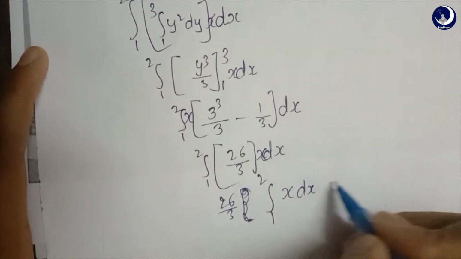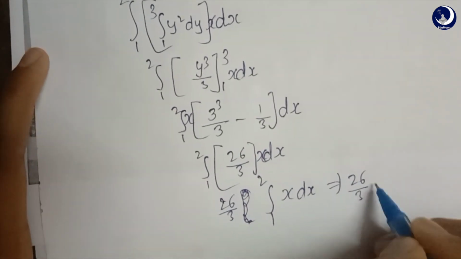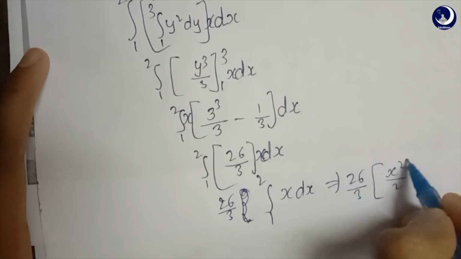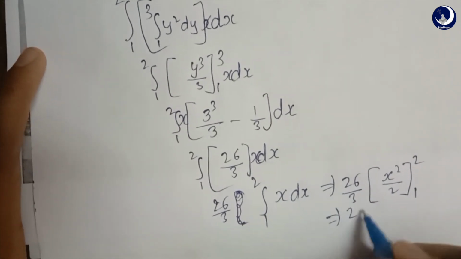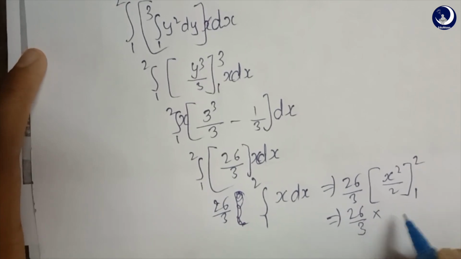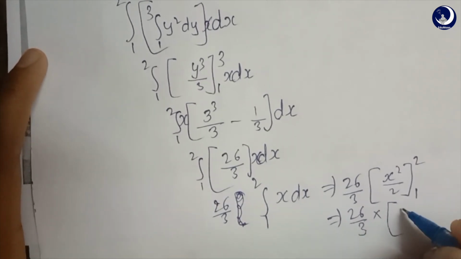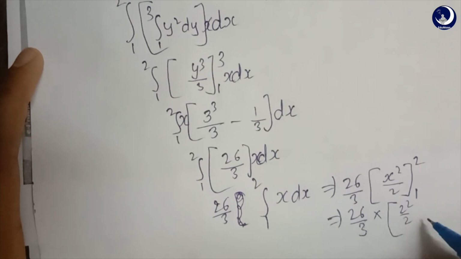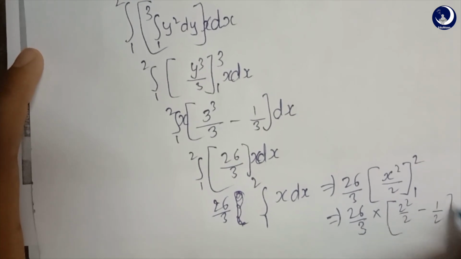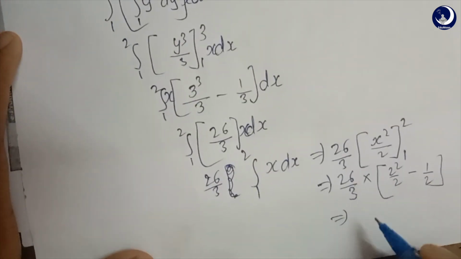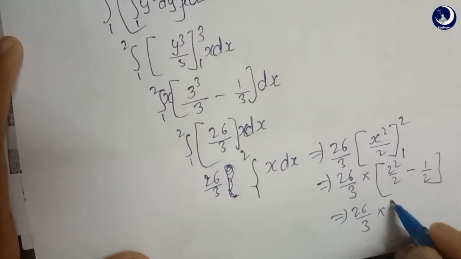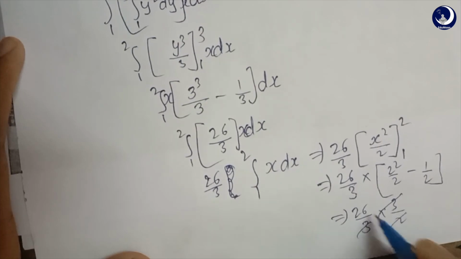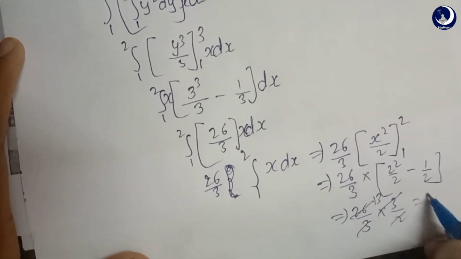Now 26 by 3 into x square by 2, 1 to 2. That means 26 by 3 into 2 square by 2 minus 1 by 2. Here we get 26 by 3 into 4 minus 1, 3 by 2. Here again you get 13.